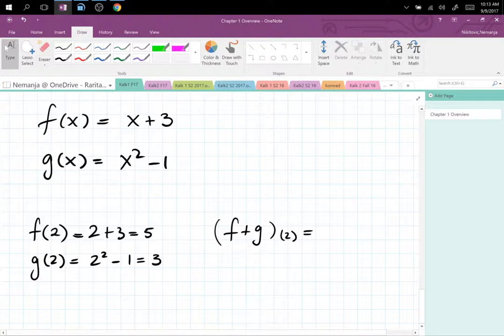So f plus g of 2. How much is that? f plus g. What do you think? Why 8?